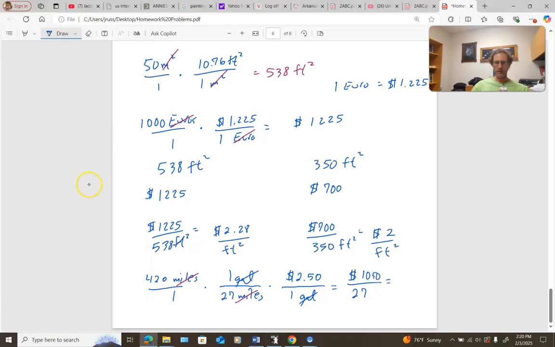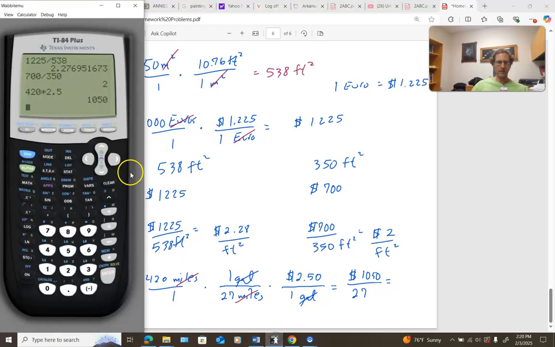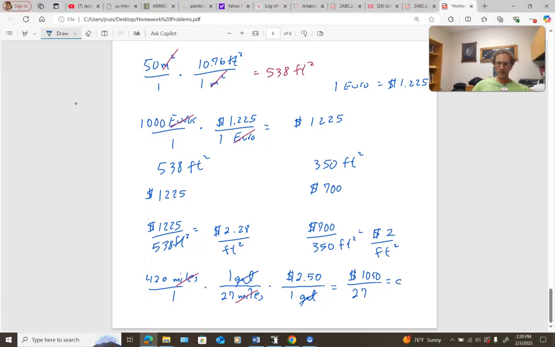Finally, I need to do the division. So the 1,050 divided by 27. And this will give me, let's see, I'm going to round this to the nearest cent again. So this 8 will become a 9. So $38.89. That's how much it's going to cost us.